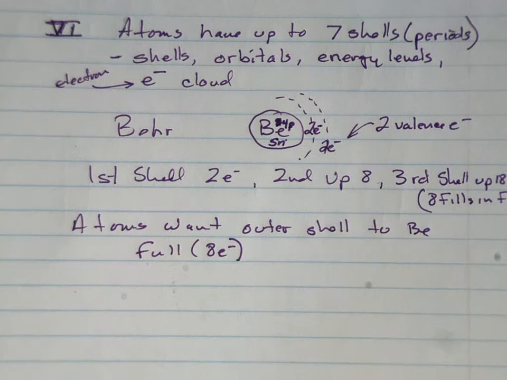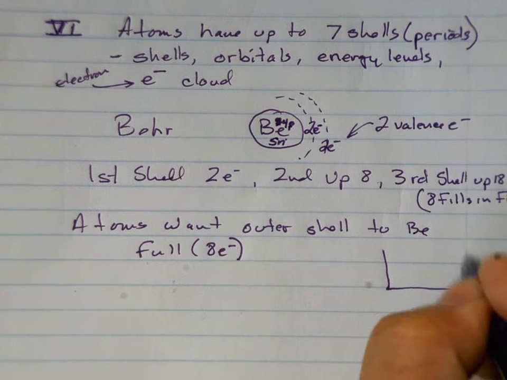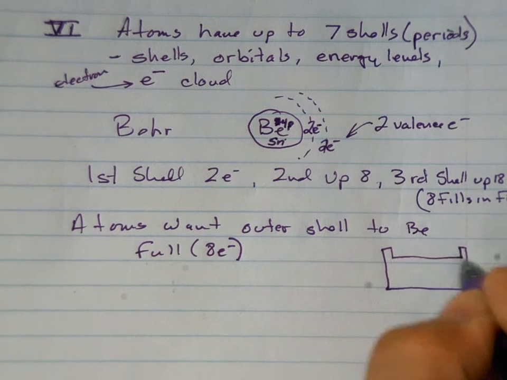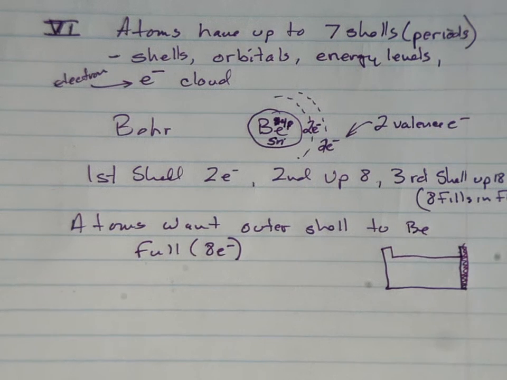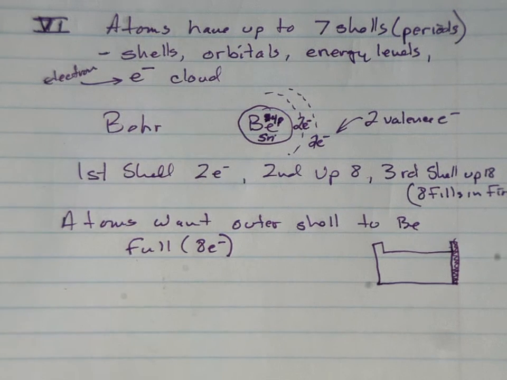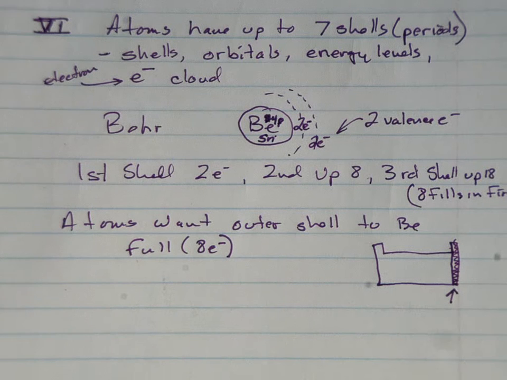And most atoms on the periodic table do not have 8 electrons in their outer shell. The only ones that do are these guys right here, the noble gases, the inert gases. Everybody else on there, all the rest of the hundreds, they want to either get electrons or lose them. And it becomes this really interesting tugging match, shoving match, or a sharing match.